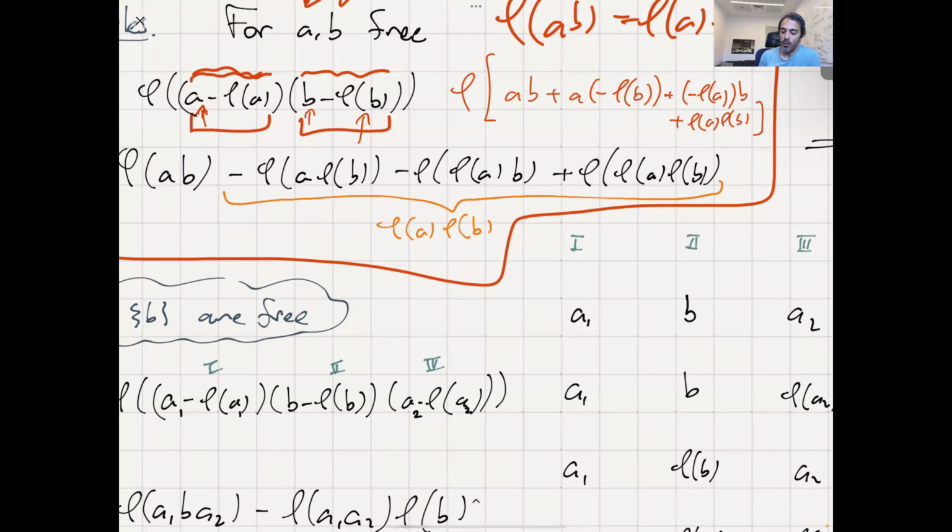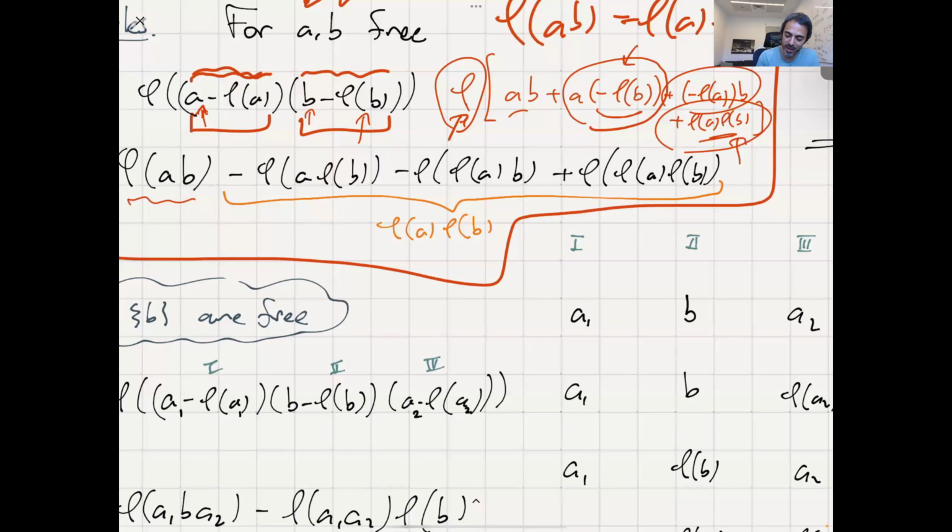And now when you use the linearity of phi, then phi of AB is this thing. And the remaining terms are what? You have phi of A times this constant, which is minus phi of B. So minus phi of B slides outside, and you get phi of A times minus phi of B. And same here, and same here, but with a plus. This is kind of different because now this is a phi of a number or a product of numbers.